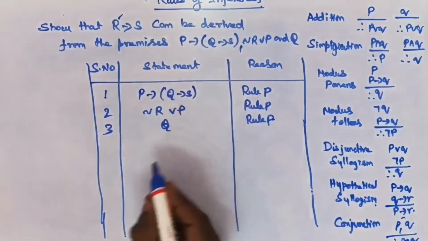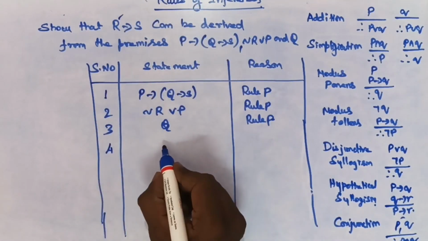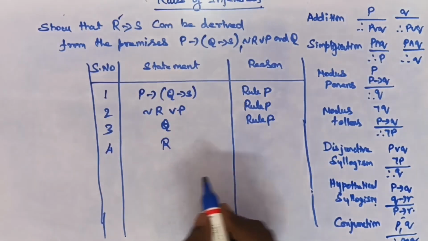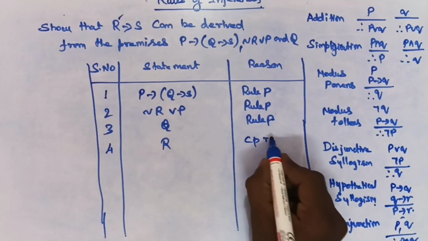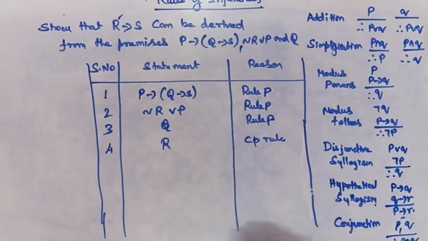Fourth, R is also one of the premises, CP rule. Finally you have to prove S. If you prove S, then you can write R condition S by the concept of CP rule.